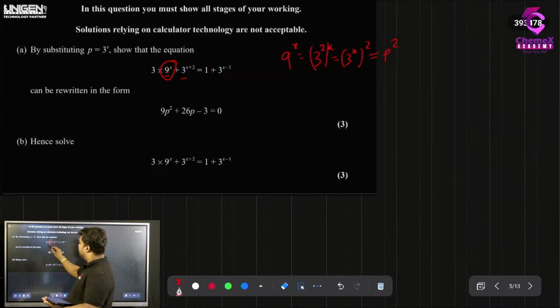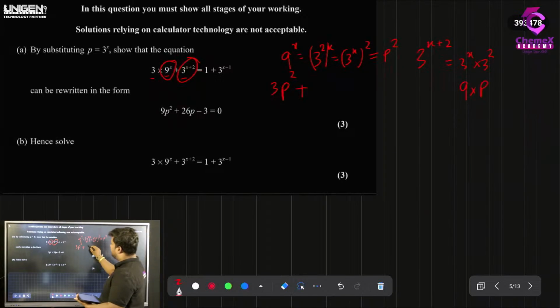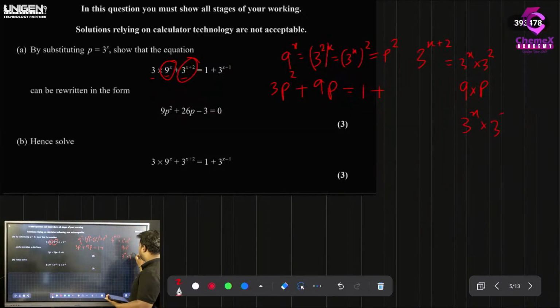So here 3p squared plus, this can be written as 3 to the power x plus 2 is equal to 3 to the power x into 3 to the power 2. That's going to be 9 into p, so 9p, equals 1 plus again 3 to the power x into 3 to the power minus 1.